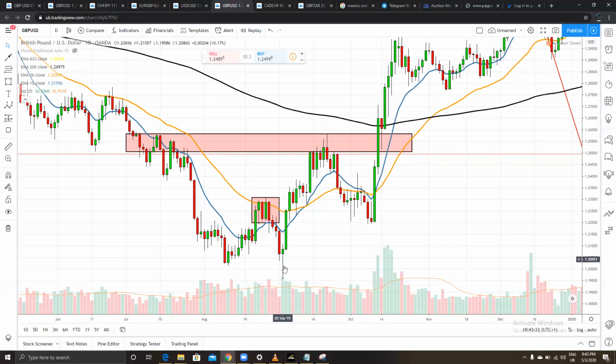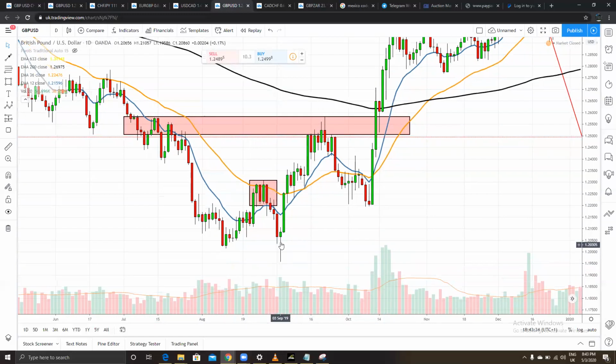But with this one now, this is an excess right here. This is significant aggression. Order blocks have to take into consideration two different periods, whereas excess is looking at just one single period.